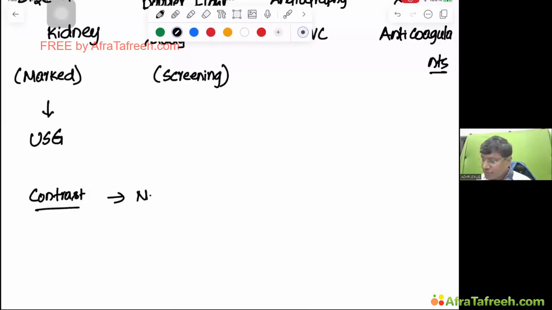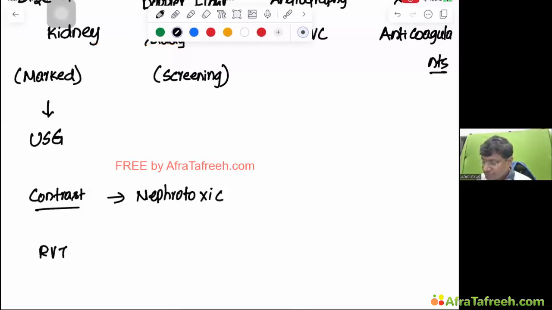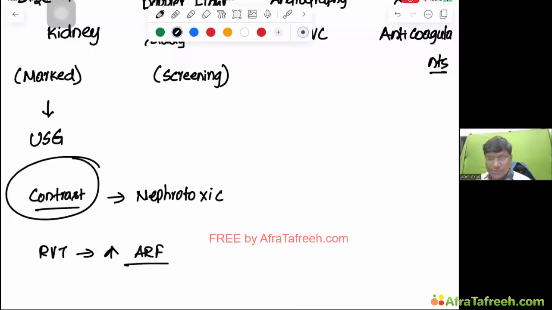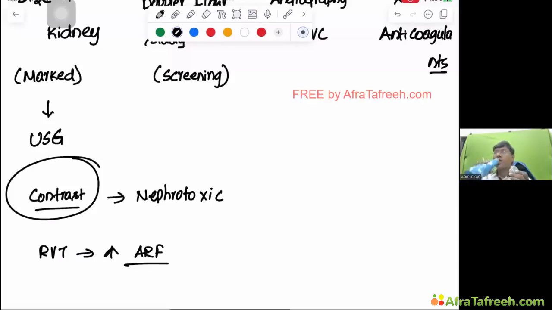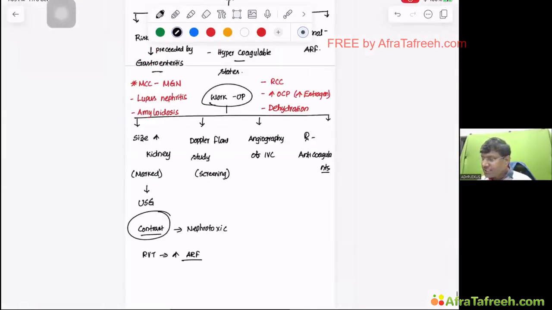Right, contrast is nephrotoxic. Already in renal vein thrombosis, there is increased risk of acute renal failure. So can we give contrast in a patient in whom you suspect the development of acute renal failure? We don't give it. So CT abdomen, we don't prefer. The best is the invasive procedure that will confirm the diagnosis. That completes the discussion of the renal vascular diseases.